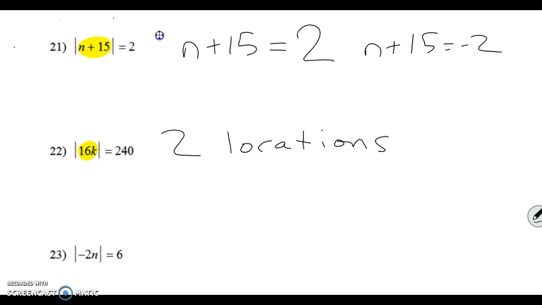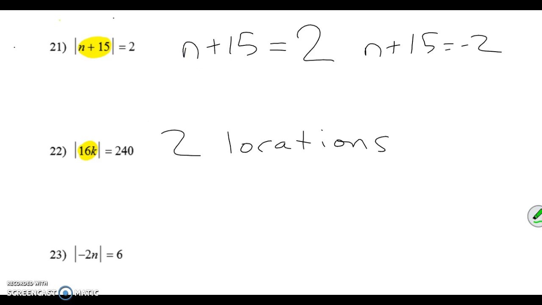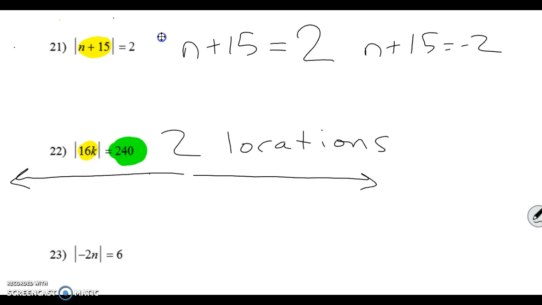Now the green part, remember, that's going to be the distance. How far are we going? And in this one, it's 240. So remember, I can go 240 that way, or I can go 240 this way.